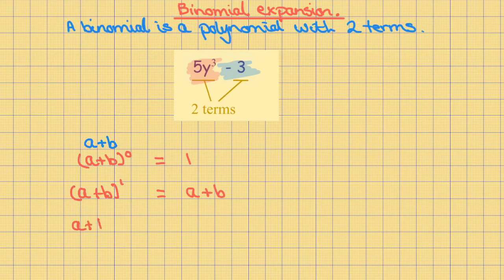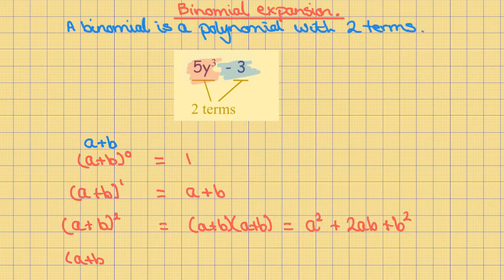A plus b to the power of 2 is equal to a plus b times a plus b, which is equal to a squared plus 2ab plus b squared.